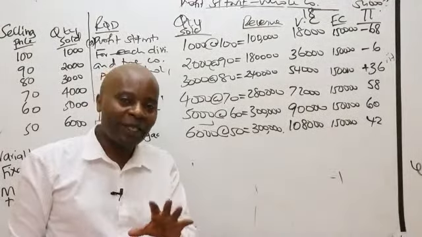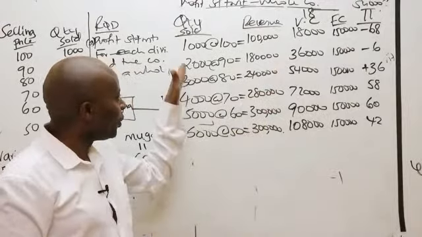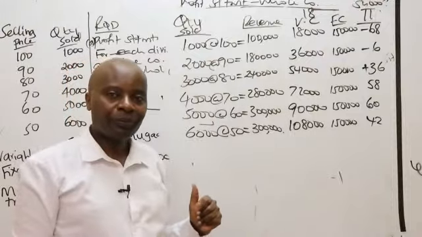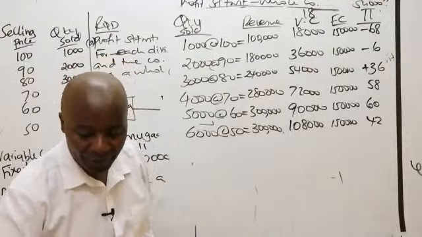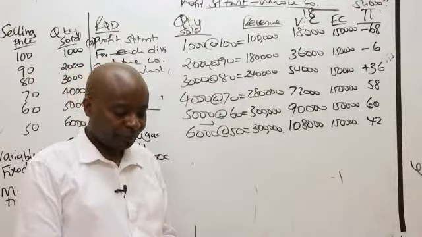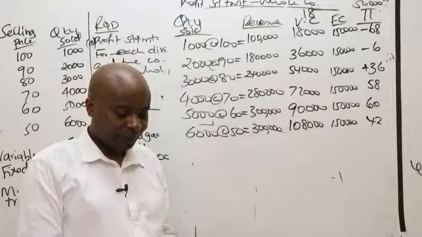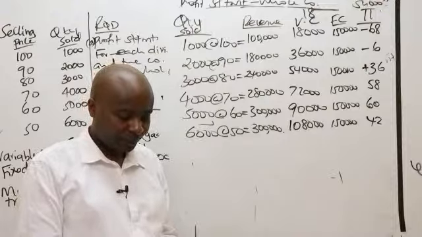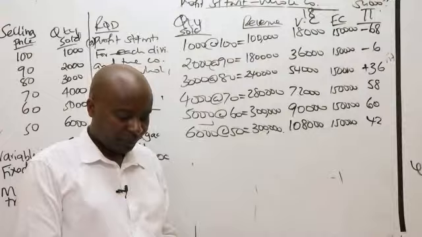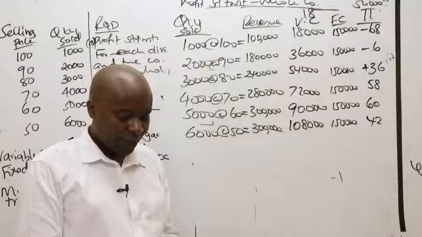So my good students, from your observation, which quantity here will be optimal? Esau Kenyanjui: using 5,000 units.